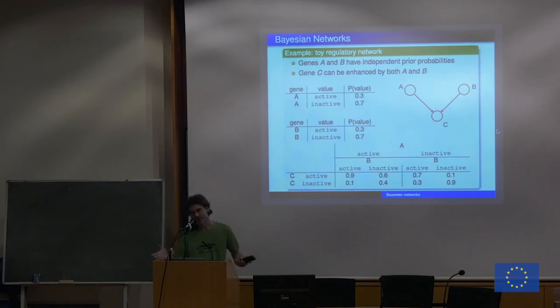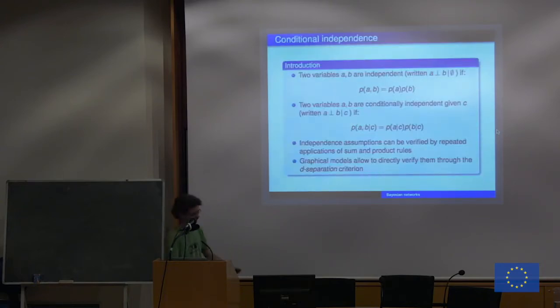Now, of course, this is a very simple network, just 3 nodes, but it's also a building block for showing independencies and generalizing independencies to larger networks. Now, first of all, what is independence? Two variables are independent if their joint probability is equal to P(A) times P(B).